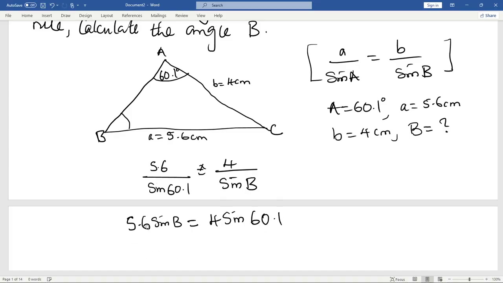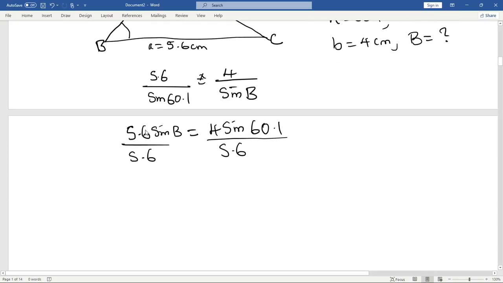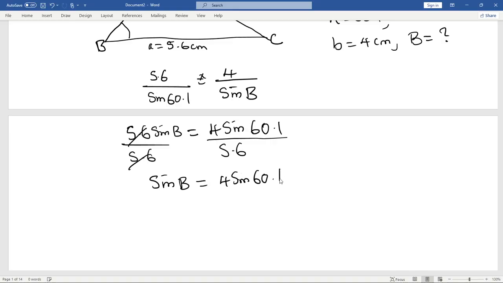Since we're looking for the angle B, we divide by 5.6 on both sides. So 5.6 and 5.6 cancel on this side, and we're left with sine B is equal to 4 sine 60.1 divided by 5.6.